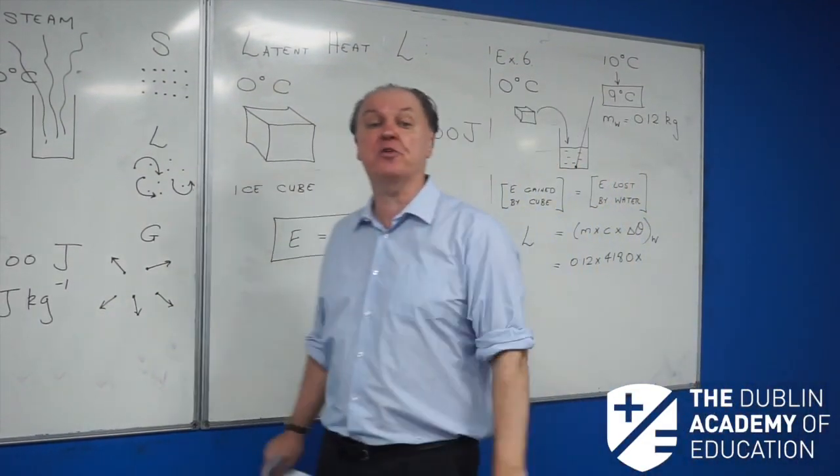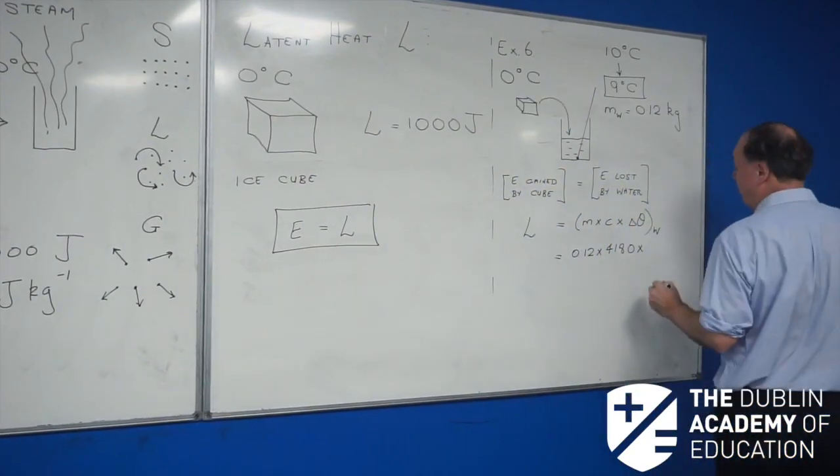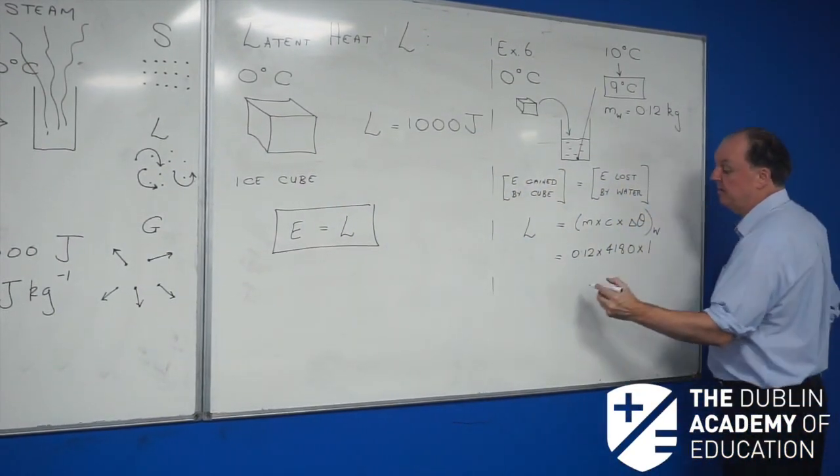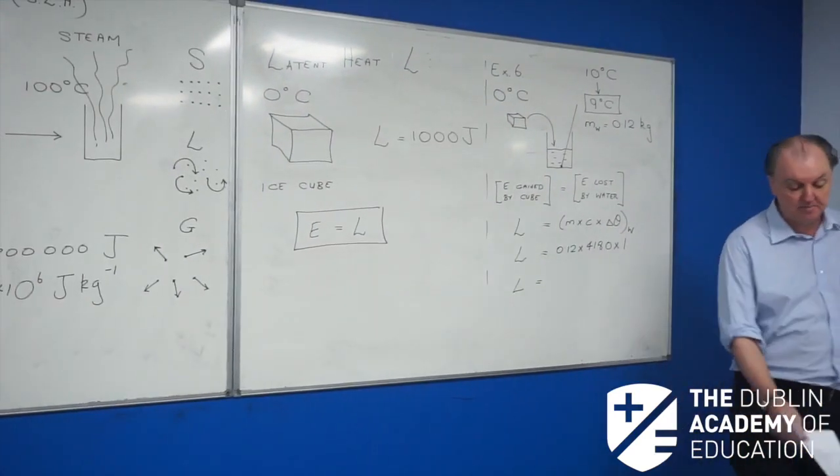And the change in temperature of the water, it was 10. It dropped by 1 degree to 9. Delta theta is 10 minus 9, or 1 degree. Actually, they just told me the one, didn't they? So that's an easy calculation. Just put those numbers into your calculator.